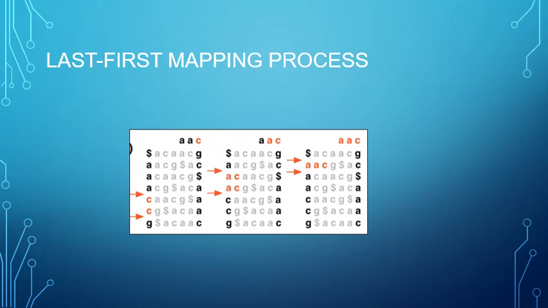We see that there are 2 Cs on the left, a top C and bottom C. From there, it will see the last column, and it's supposed to match the second character in the query, A. So it will use this A top and A bottom to find the next A in the first column.